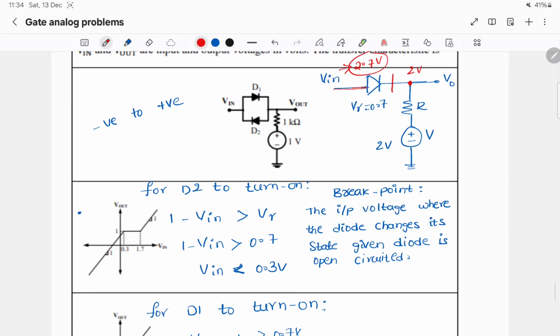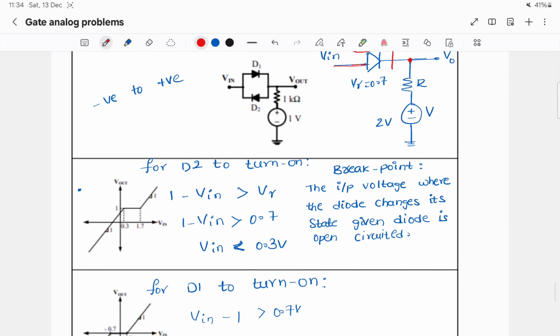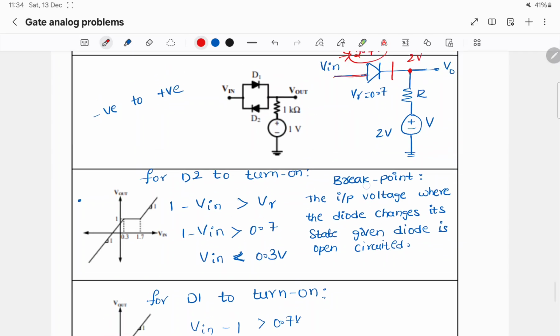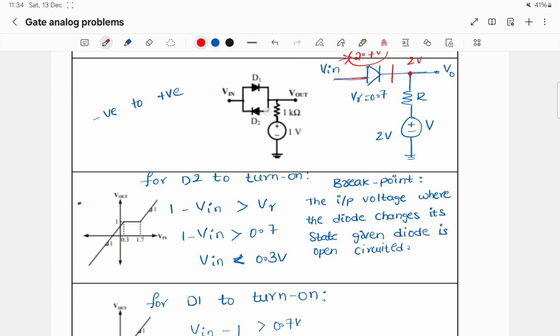So by this simple principle, we can find out when D2 will turn on. Let us say this node potential is Vp, this node potential is Vn. For D2 to turn on, Vp2 minus Vn2 should be greater than V gamma.